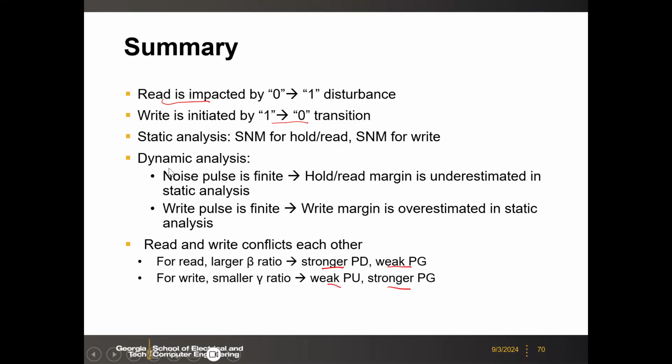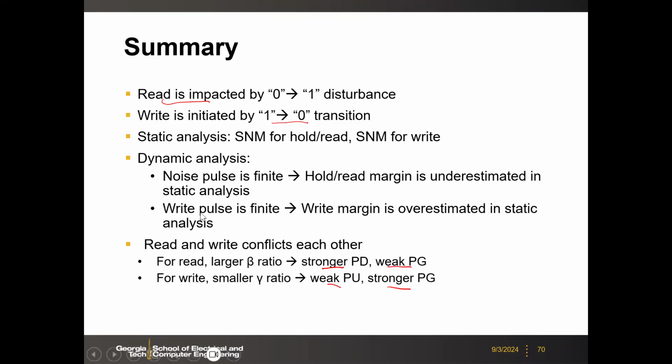And then we talk about the dynamic analysis. This is more realistic for actual operation, right? Because the noise will not be there forever. So in that sense, the hold or the read margin is underestimated in the static analysis, right? So actually you can tolerate a little more because the noise will not be there forever.